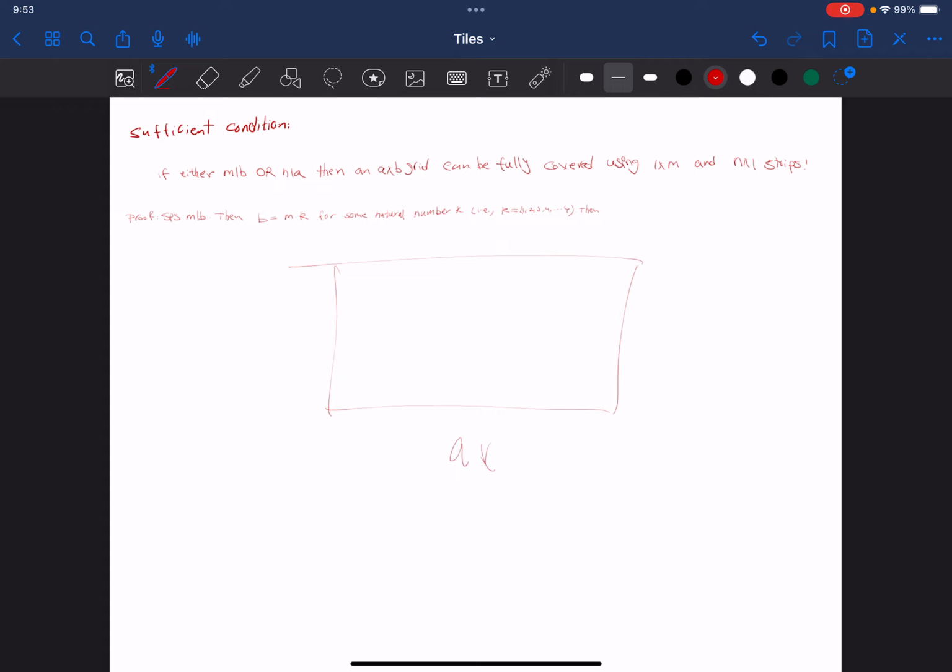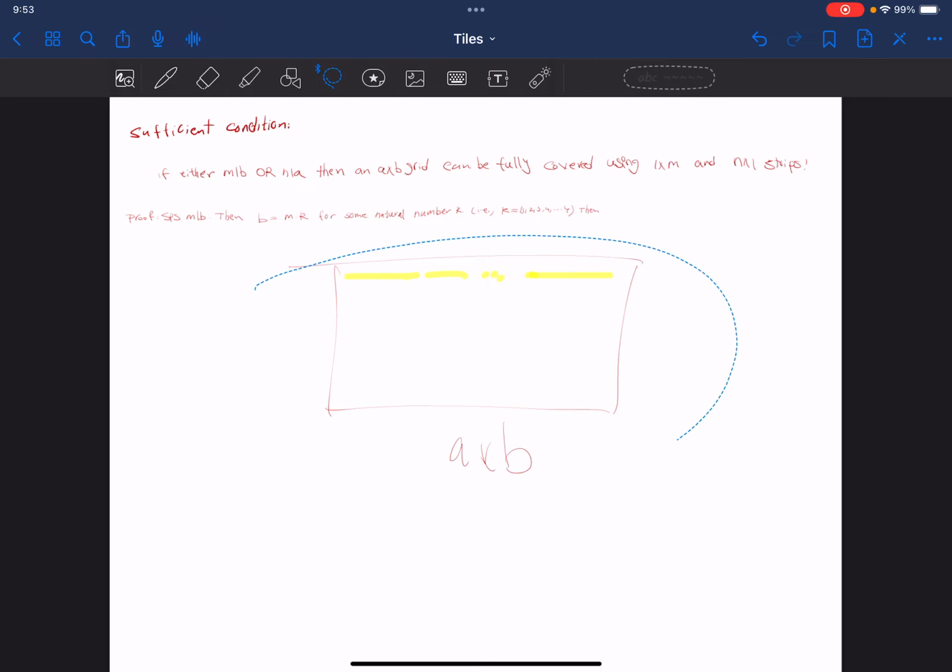This is A by B. And I know that B is equal to MK, so I'm going to do this: 1M, 2M, till KM. So basically I'm going to cover the A by B grid row by row using the 1 by M subgrids. And that basically gives a covering.